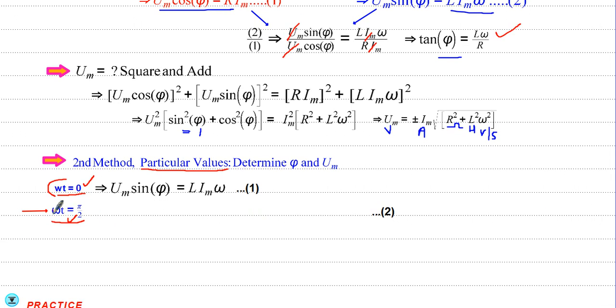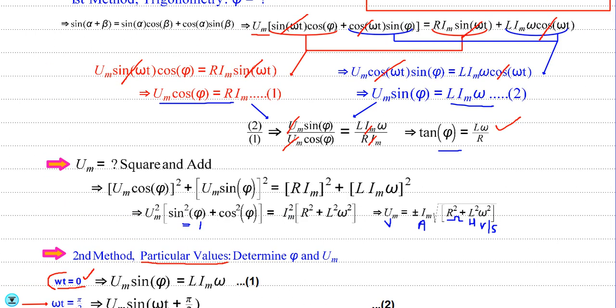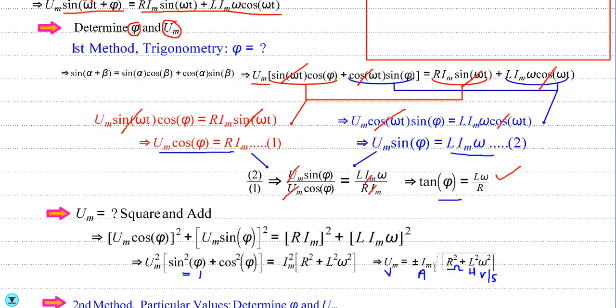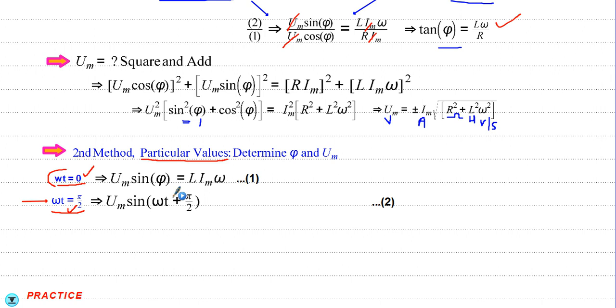The second one, you will have Um sine omega t plus phi, where omega t is pi by 2. So here phi is not 0, and here it is pi by 2. So Um sine of pi by 2 plus phi is equal to Im times sine pi by 2. Sine pi by 2 is 1, cosine pi by 2 is 0, and let us see what happens.